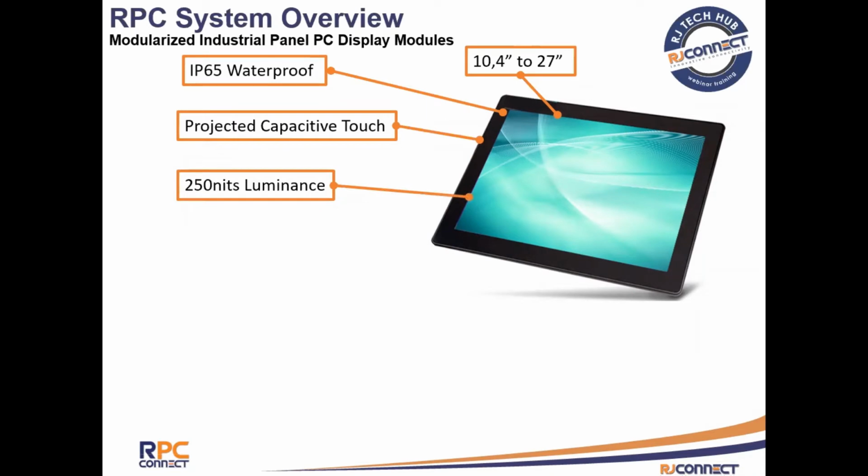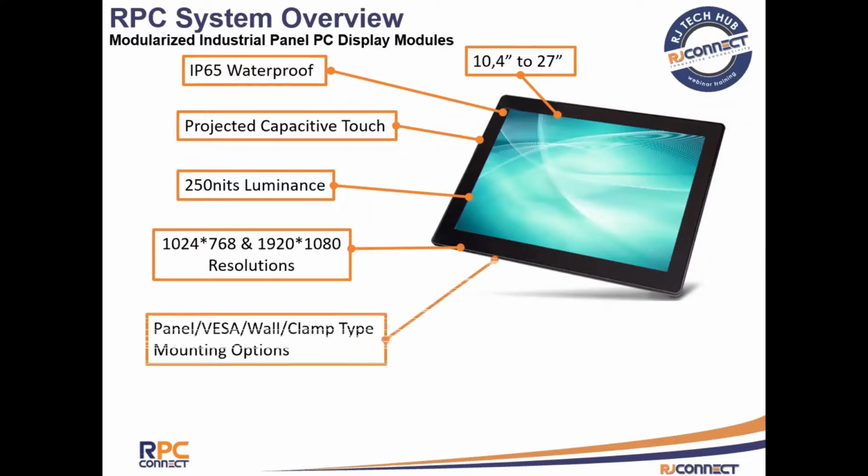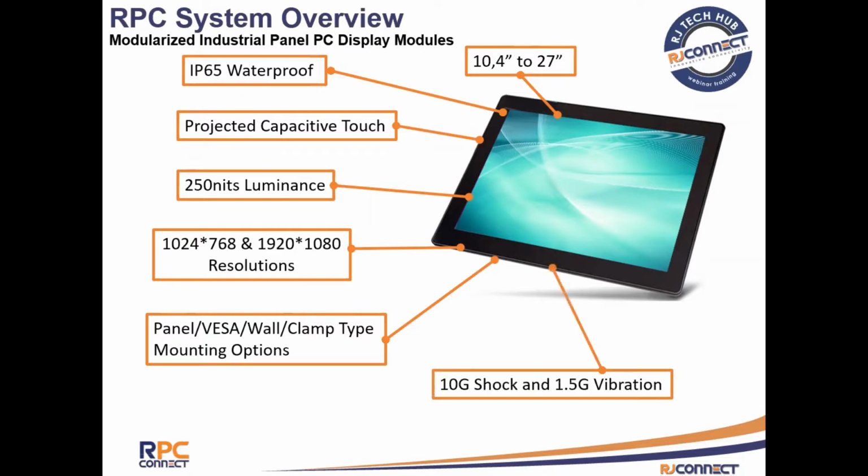There's a 250 nits luminance for the intensity of light emitted from a surface. It has channels and image resolutions for different panel sizes. It has 4 different mounting options or methods designed for ultimate application flexibility. And lastly, there's a 10G acceleration peak-to-peak for shock and 1.5G acceleration peak-to-peak for vibration mechanics.